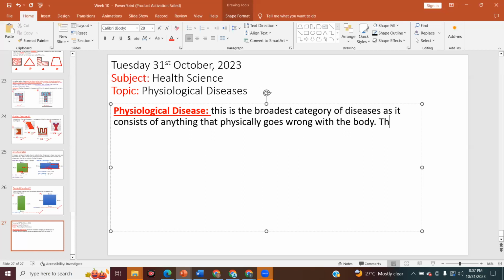Well, when we have a deviation from its proper function, we call that a physiological disease. So this would include any organ, right? Or gland, cell, or system.